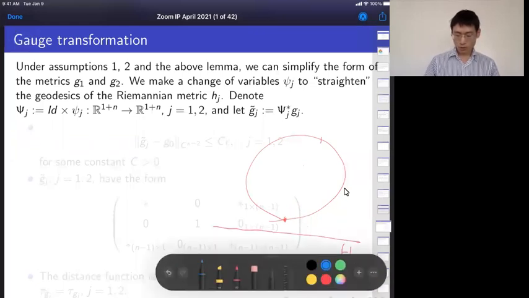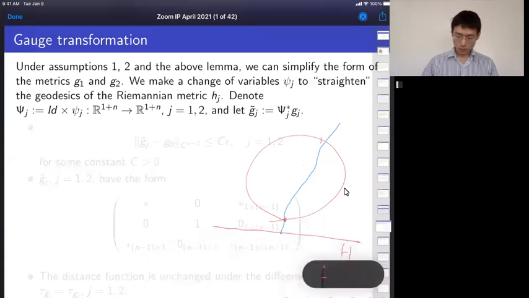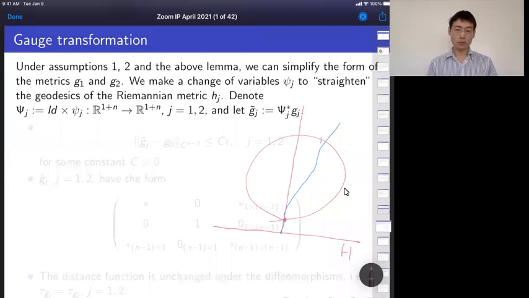Initially you have some geodesic which is normal to this hyperplane, and it goes through this domain. But generally, if this is not Minkowski, then this curve will not be a straight line. The change of variables, or diffeomorphism, is exactly that we straighten this geodesic, which is intuitive. You make it a straight line.